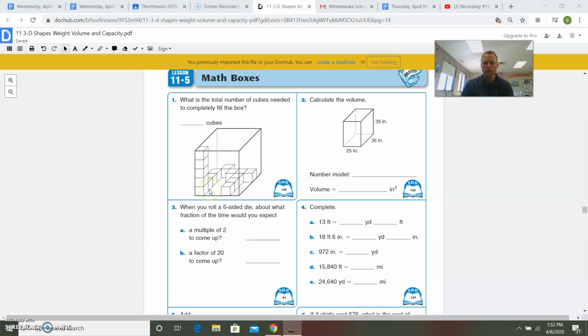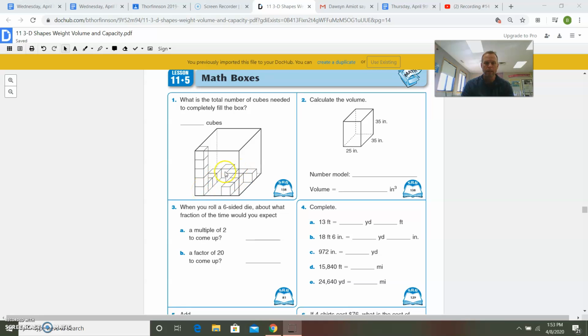On pages 300 and 301, remember we had to count and find the area of the base. So we had 1, 2, 3, 4, 5 going back, and going across we would have 1, 2, 3, 4, 5. So 5 times 5 is 25.